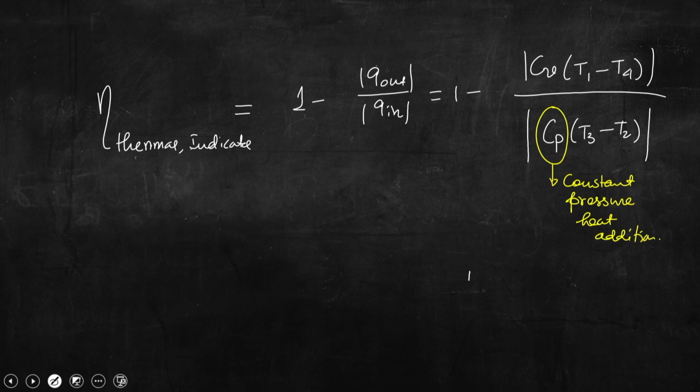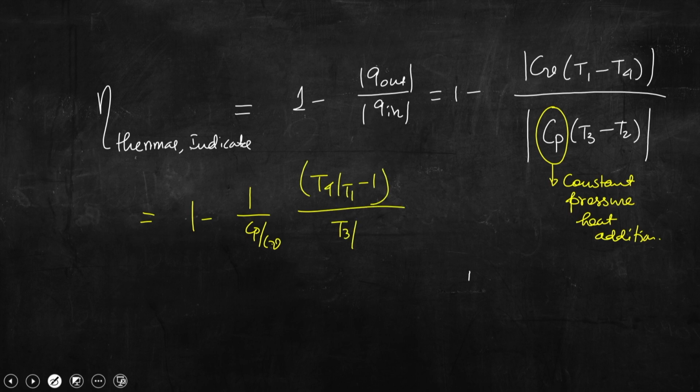If we write one step further, we can write 1 minus 1 upon Cp by Cv, and then T4 by T1 minus 1 by T3 by T2 minus 1, then 1 upon, this is T2 by T1, right. So, we can write 1 minus 1 upon k and T3 by T2.